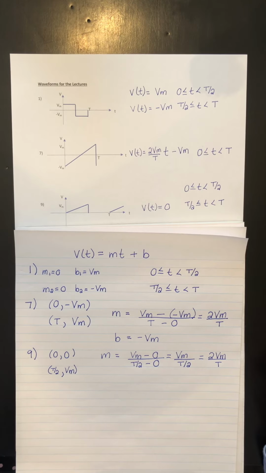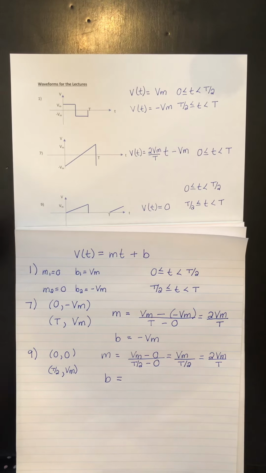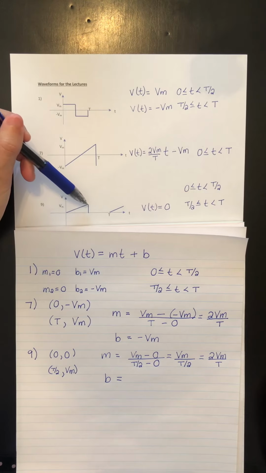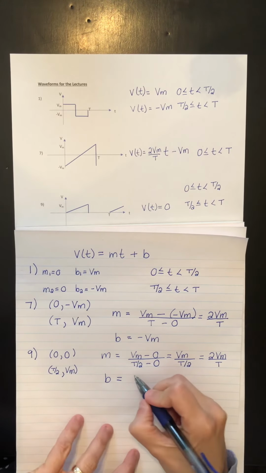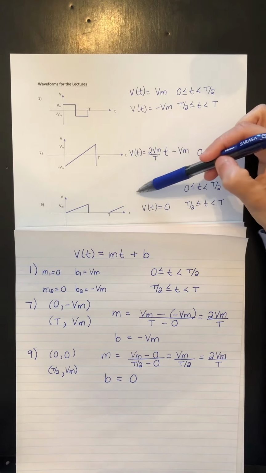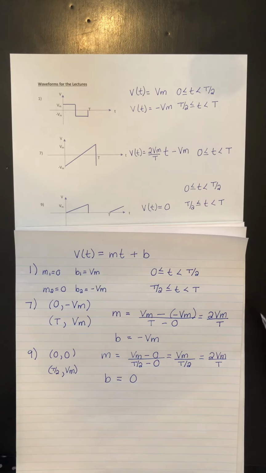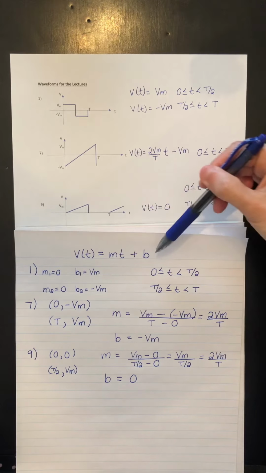All we need now is to take note of the value of B. Again, where does the straight line cross the vertical axis? At 0. So the value of B is 0. So to fill in right here, all I need to do is substitute this slope and this intercept into this equation.